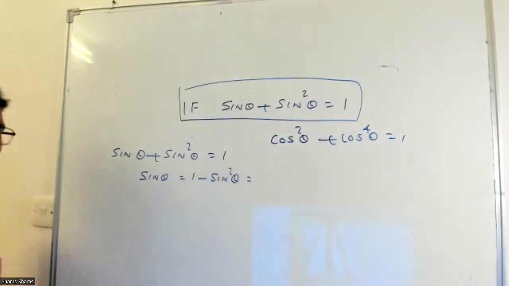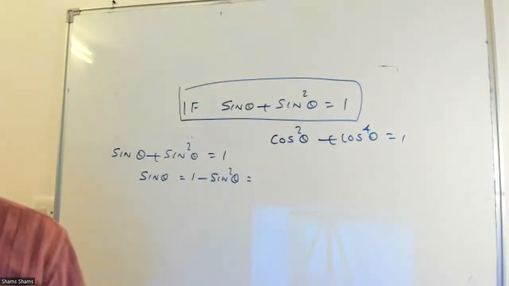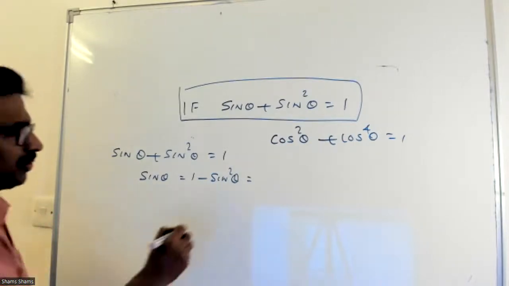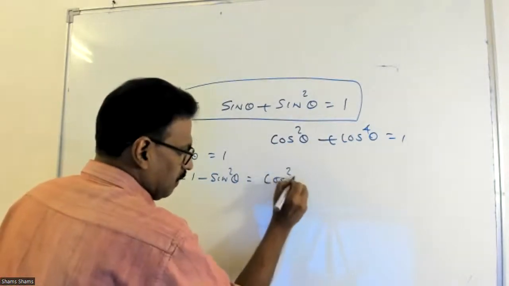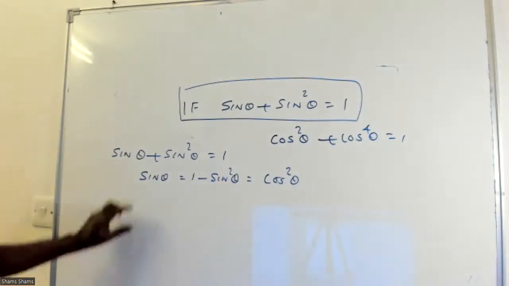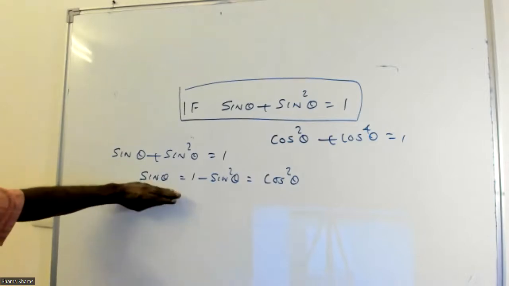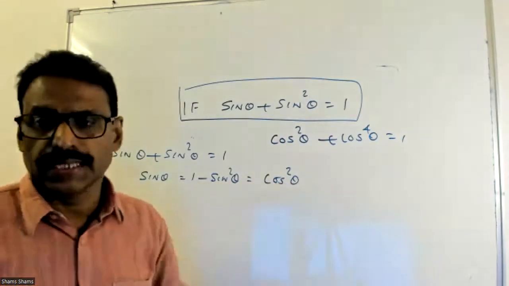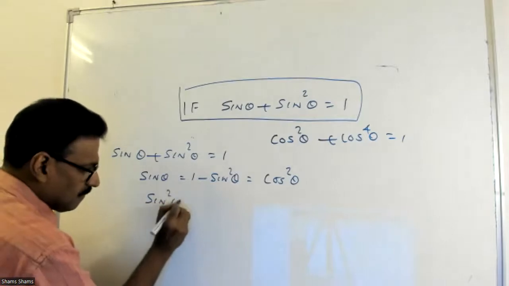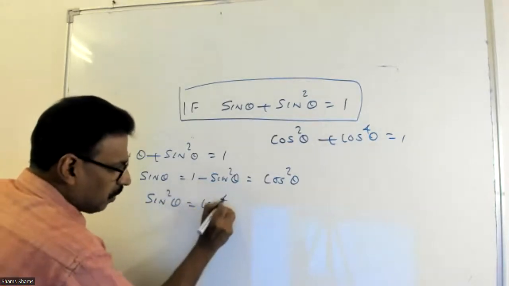1 minus sin square theta is what? Cos square theta. So sin theta equal to cos square theta. Squaring on both sides, we get sin square theta equal to cos raised to 4 theta.